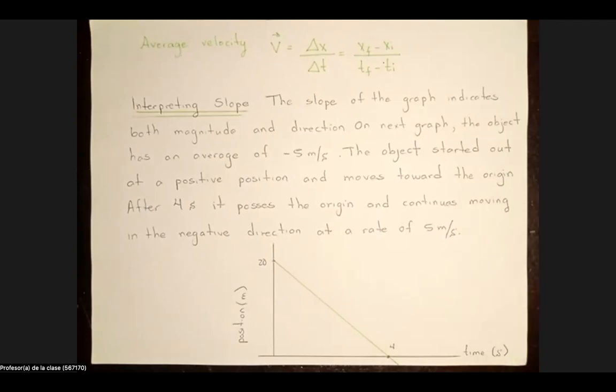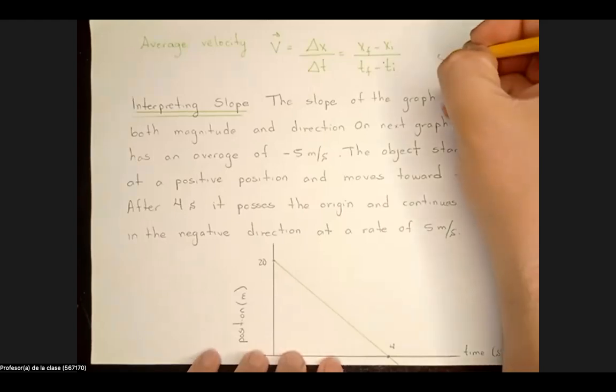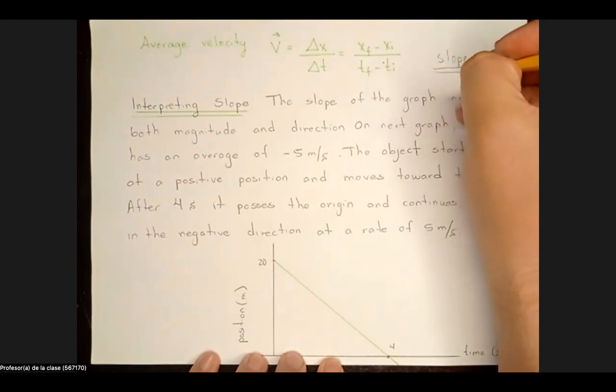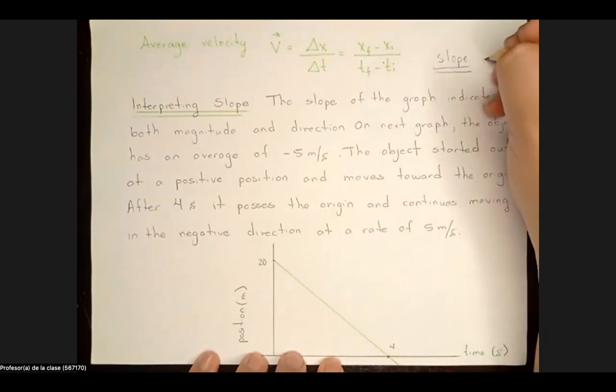And then final time minus initial time will be under the dividing line. That is the slope on a position-time graph.